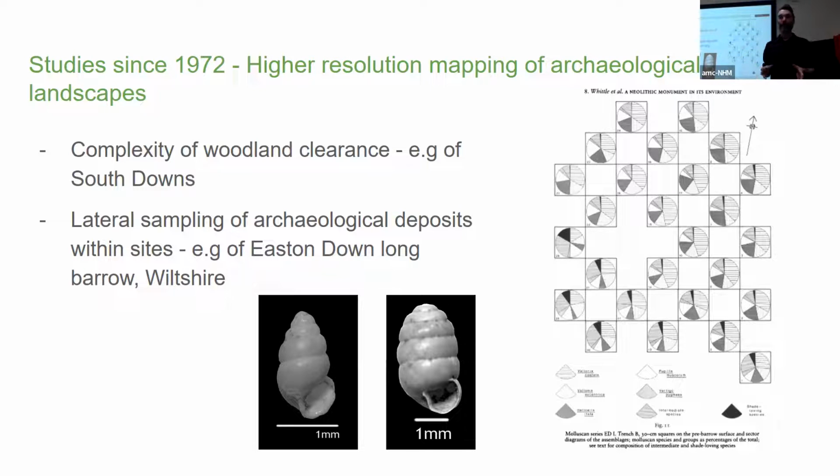And a key example there is some of John Evans's work at the Easton Down Long Barrow in Wiltshire, which is the selection of pie charts here. You probably can't read any of the text. There had been a vertical sequence through a ditch and pre-mound deposits on the site that suggested, as expected, that it had been built on a cleared landscape.